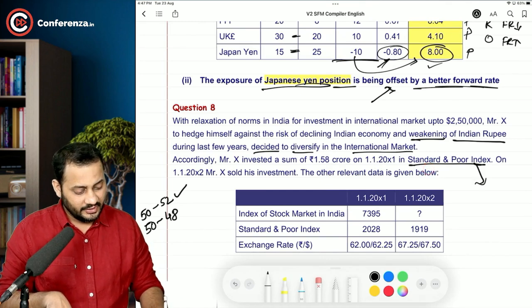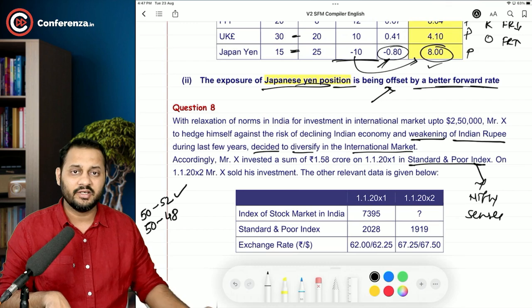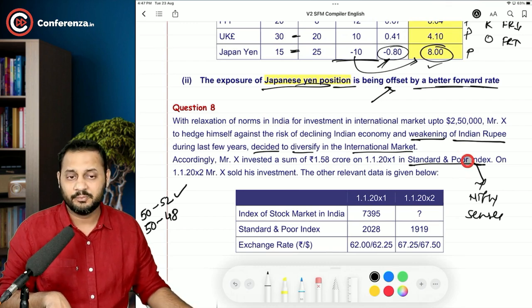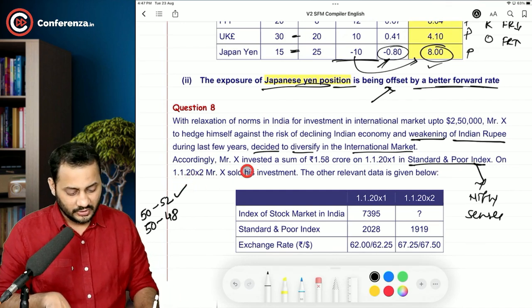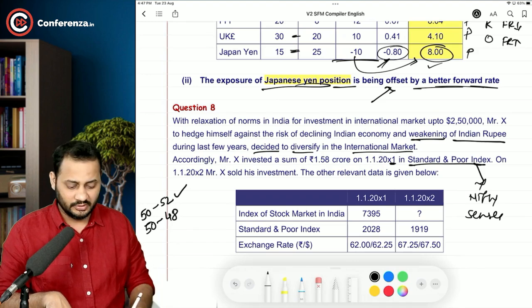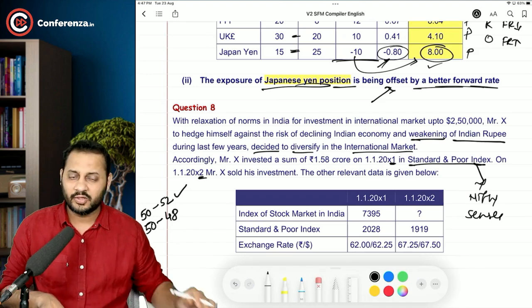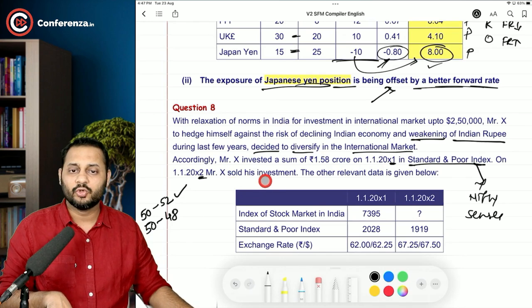See, in India it is like Nifty, in India it is like Sensex. In the same way it is the S&P index in America. On 1st of January 2002, this was 2000-something, and this is 2012 you can consider, Mr. X sold his investment.